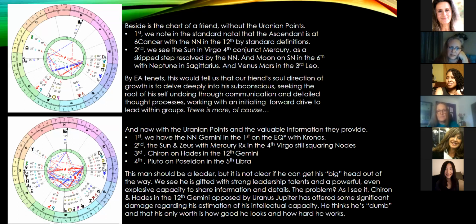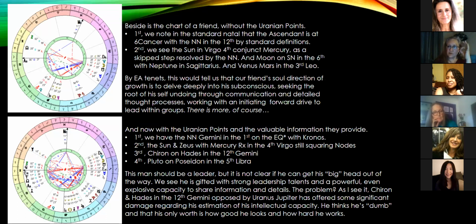Additionally, we can see that we've got Chiron in the 12th house with Hades. That says a lot, you know, probably some issues. So just touching on those 4 things, we've got the North Node Gemini in the first, on the Equatorial Ascendant, combined with Kronos.